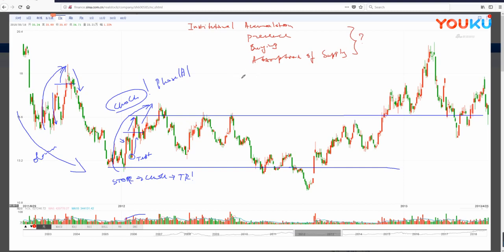We also want to address the question of the bias predominantly, right? So the bias is up. So how do we see that? And also we want to address the question of institutional timing. That is, when is price ready to leave the range?